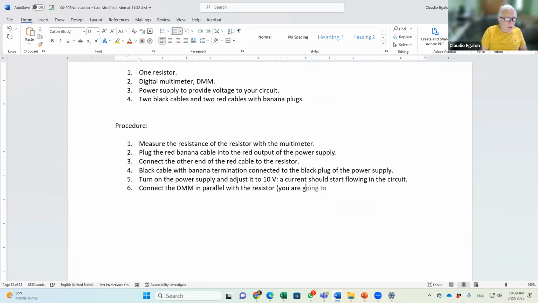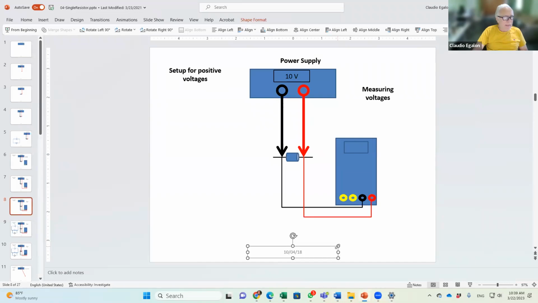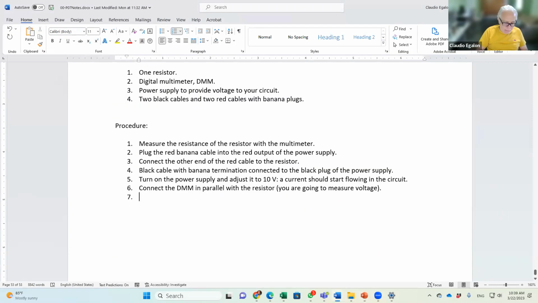Remember, every time you measure voltage, you have to connect the meter in parallel with the circuit element. Okay, and take your measurement with the multimeter.